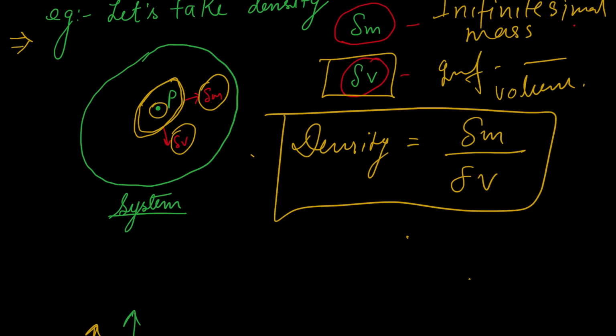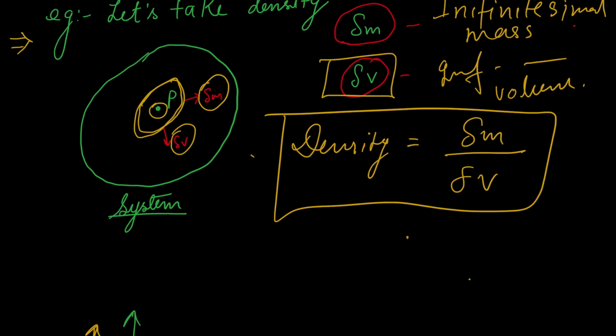Also that system should have a significant number of molecules so that its property, whatever property we assign to it, doesn't change with time. Then only the concept of continuum is valid.